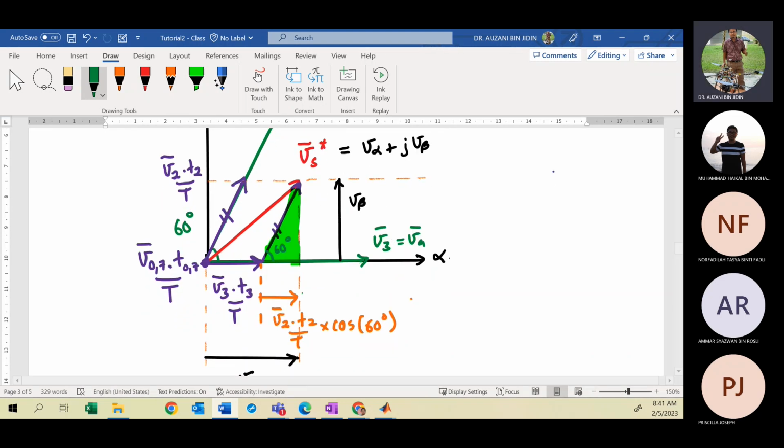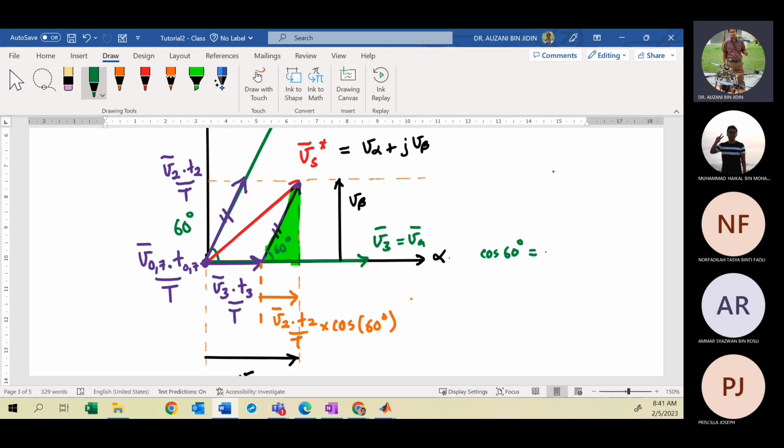So the orange component vector, you can obtain this equation by applying the trigonometry function. So remember your trigonometry, when you apply cos 60 degrees for the green color triangle, cos 60 is the ratio of the adjacent divided by hypotenuse, right?